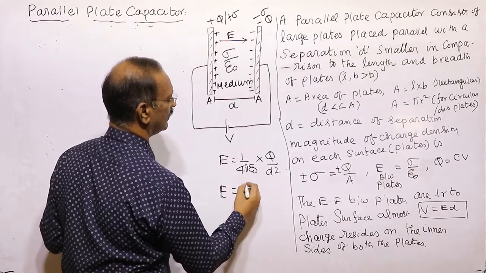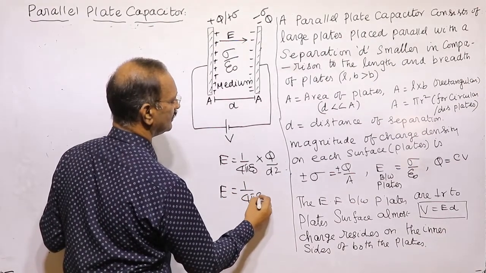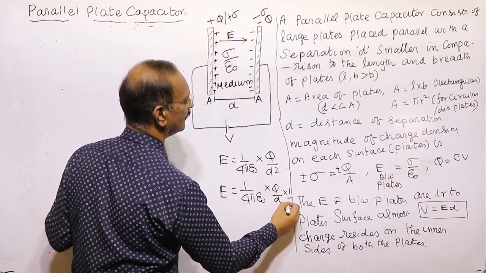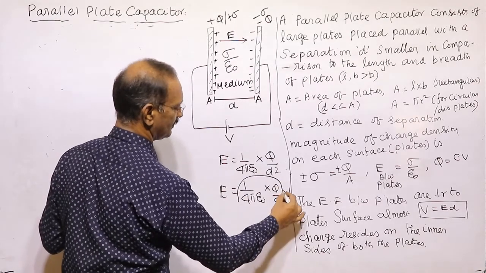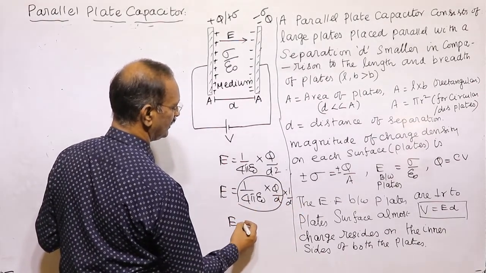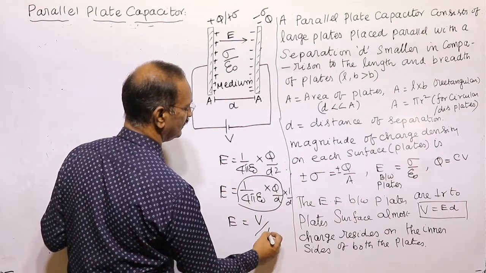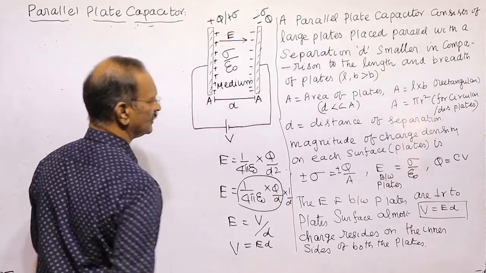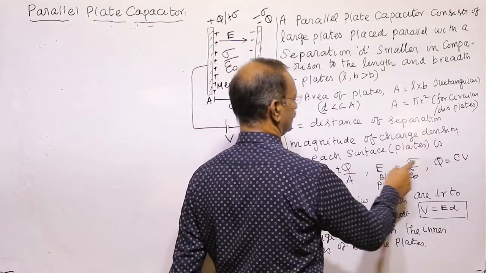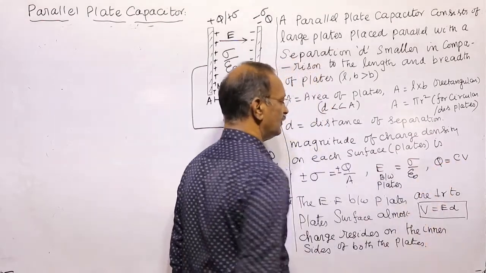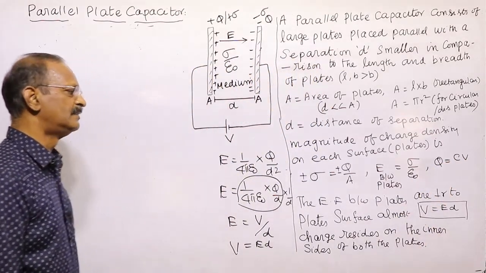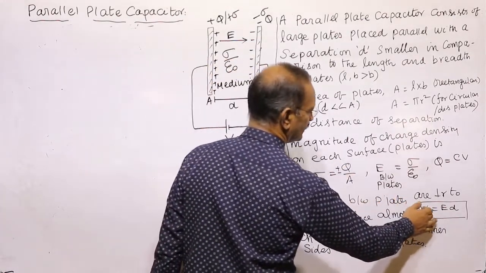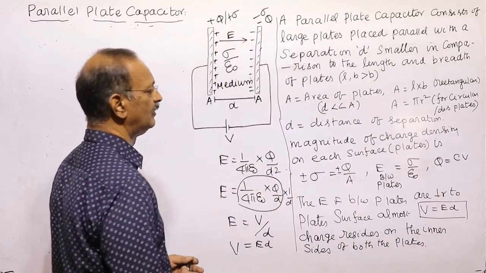Electric field can also be written as potential divided by d, or V is equal to E into d. So the electric field between the plates is equal to sigma by epsilon naught, which we have already derived, and sigma is equal to charge by area, and potential difference is equal to electric field into the distance.